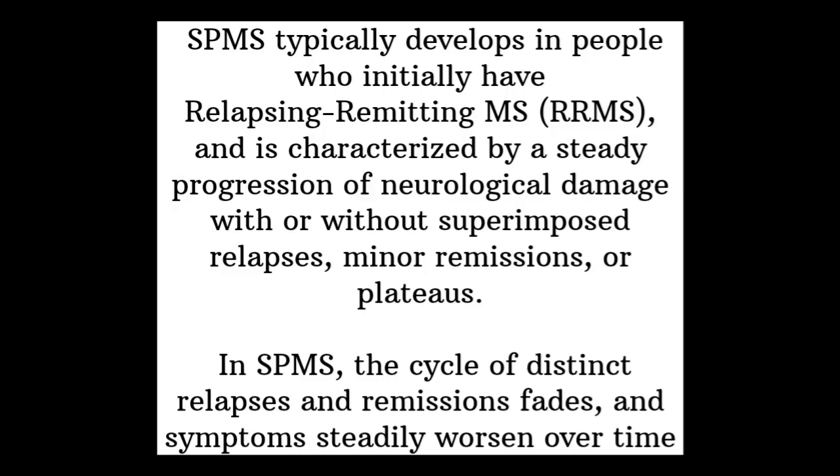SPMS typically develops in people who initially have relapsing remitting multiple sclerosis, that is RRMS, and is characterized by a steady progression of neurological damage with or without superimposed relapses, minor remissions or plateaus. In SPMS, the cycle of distinct relapses and remissions fades and symptoms steadily worsen over time.